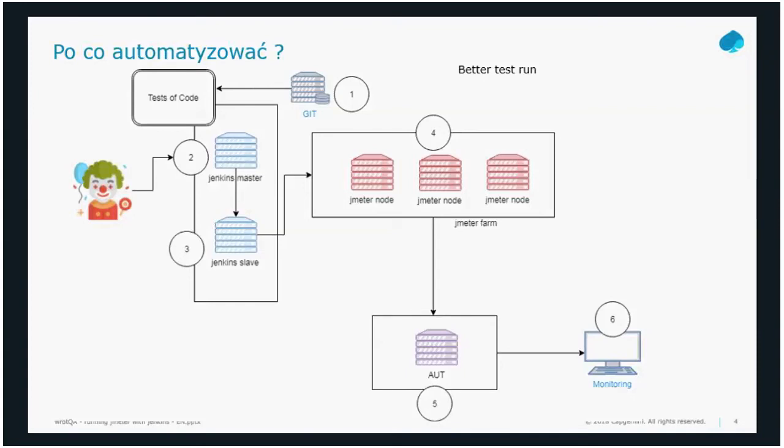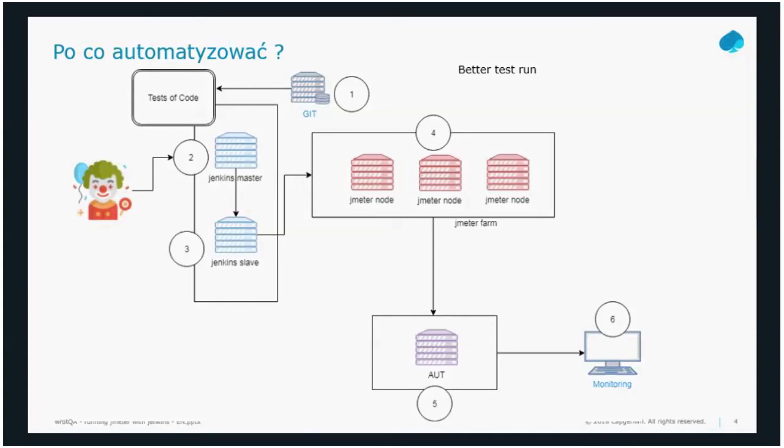So basically, we want the flow to be: I'm writing a test, but I put everything in the code and I version that with Git. Then I configure Jenkins so that it downloads my test from Git, it executes it automatically using the JMeter farm that is provided somewhere against my application under test, and then it feeds back the results to me in a form of report or raw results.